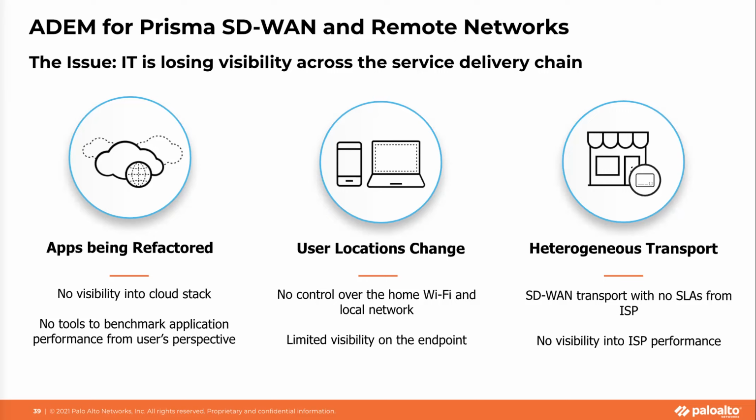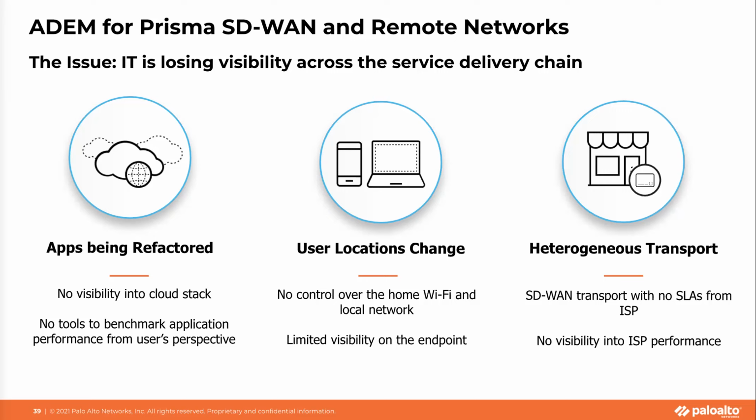Because of these new workflow requirements, enterprise networks are being redefined by applications and network ownership boundaries for IT. Organizations are losing visibility across the entire service delivery chain between users and applications.